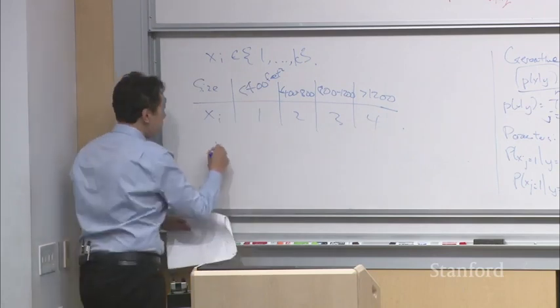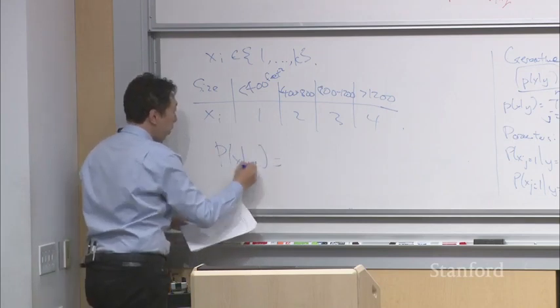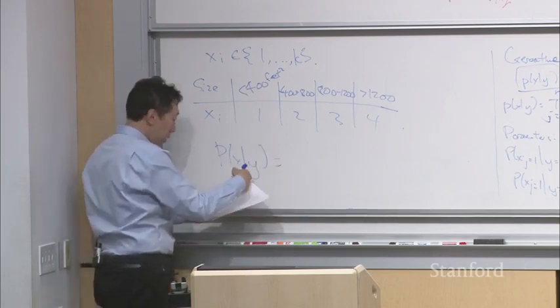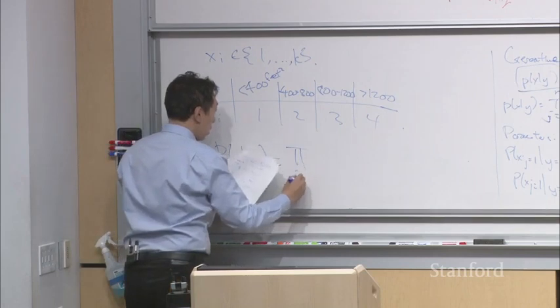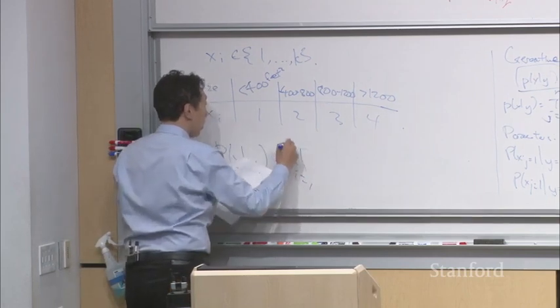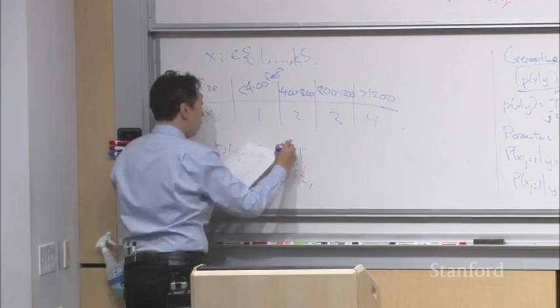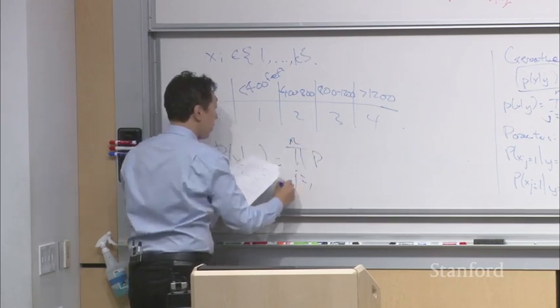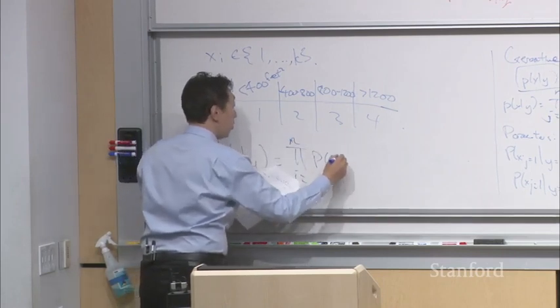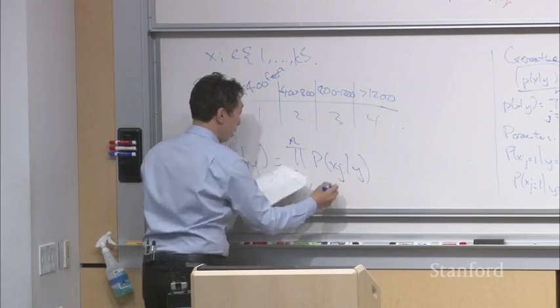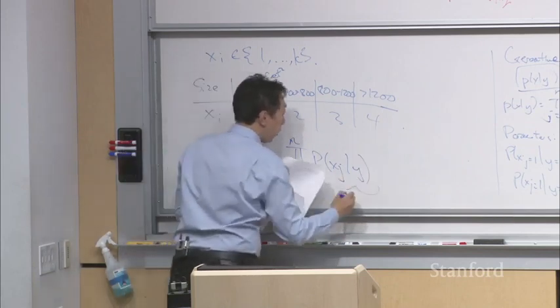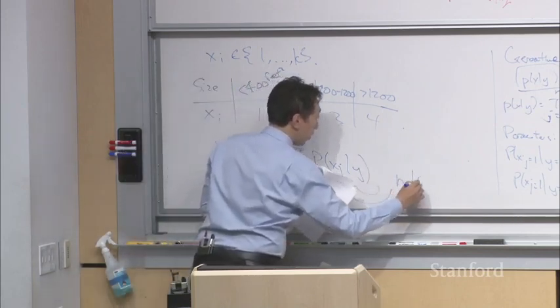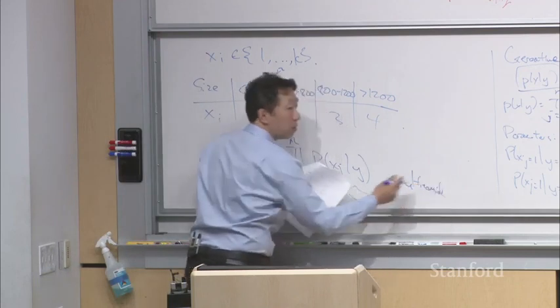And if you want to apply naive Bayes to this problem, then p of x given y is just the same as before, product from i equals 1 through n of p of xj given y, where now this can be a multinomial probability, right?